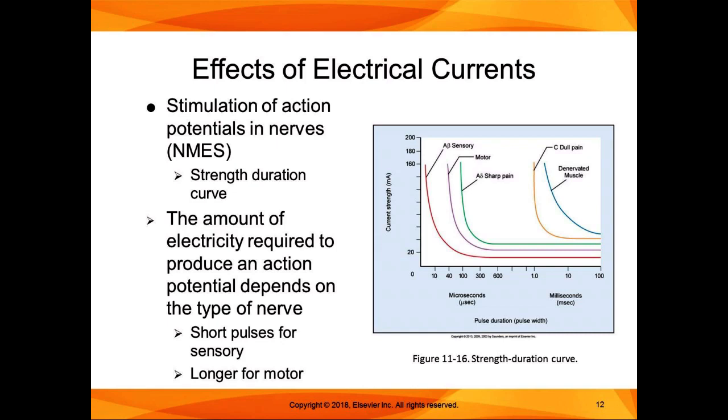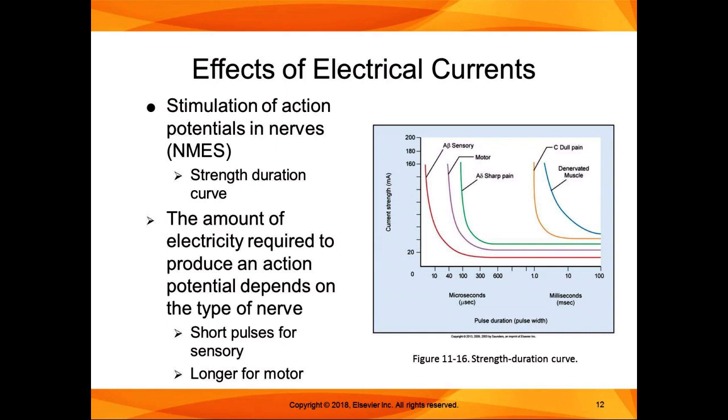So sensory nerves are the A beta sensory nerves and the motor nerves are fairly large nerves that are highly myelinated. So they have a fast propagation. A deltas, the sharp pain nerves, those are a little smaller, and they have some myelination. And then the C fibers are tiny little nerves, and they don't have a lot of myelination, so it travels more slowly. The action potential travels more slowly.